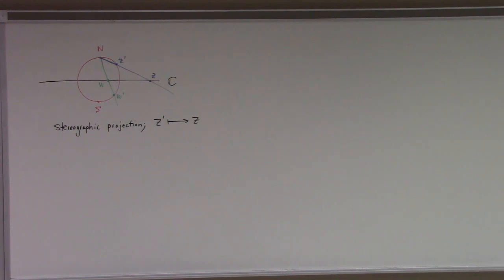And more than that, when you study the mapping, you can make it conformal in the sense that it preserves the angles between vectors. However, I do not believe it's conformal with respect to the usual geometry of the sphere. It's conformal with respect to a kind of weird geometry of the sphere.